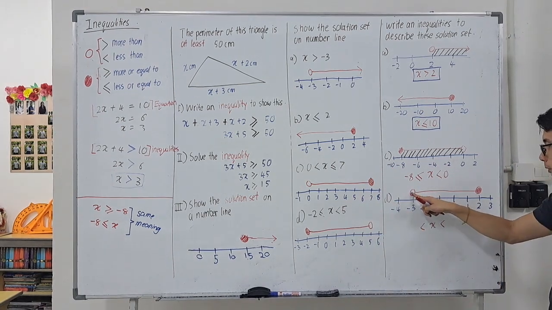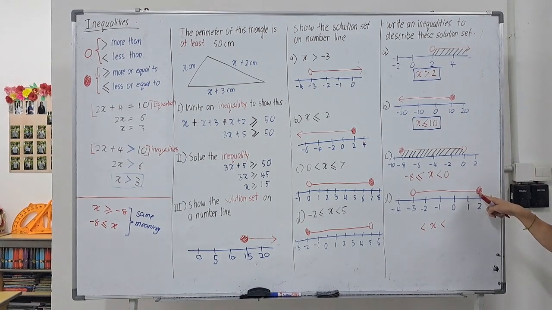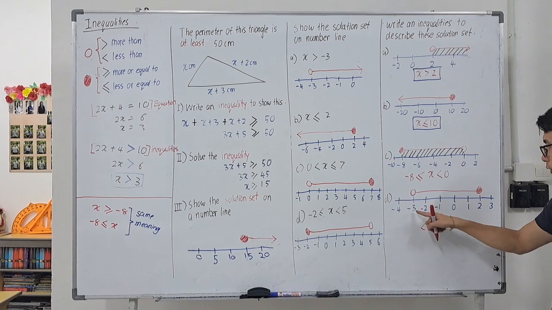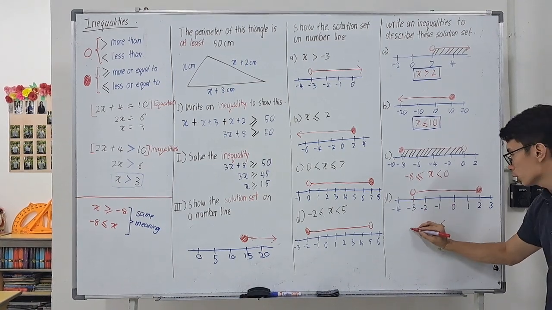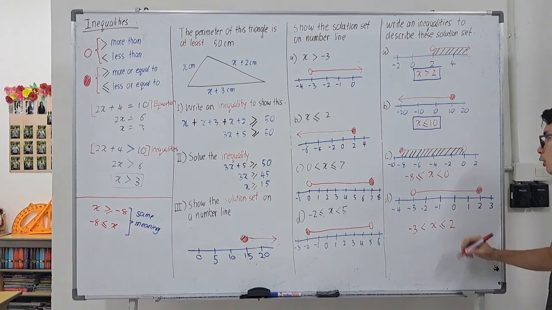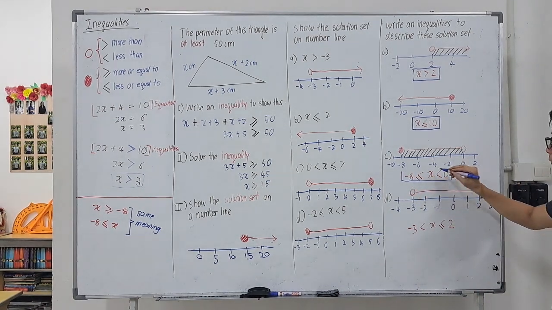Now, since this is represented by a clear circle, it's going to be this. This is represented by a shaded circle, so it's going to be like this. Simple. So over here, that's -3, so all you have to put is -3. And over here, that's 2, and then all you have to do is just put 2. And then you are done. Simple.